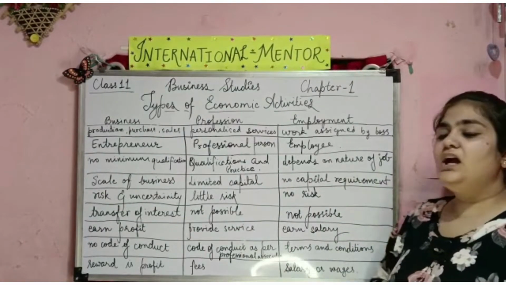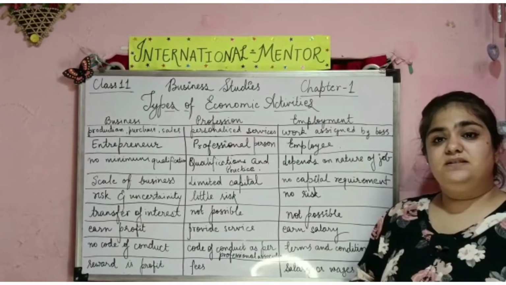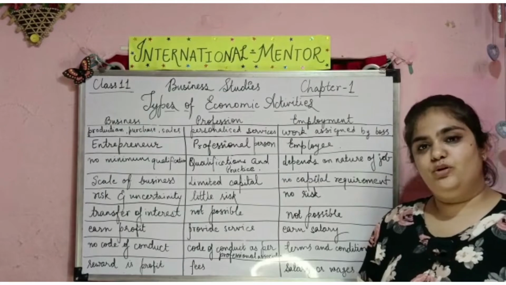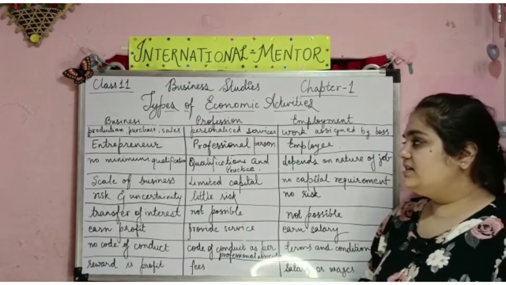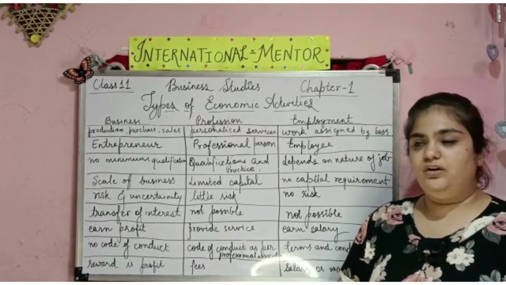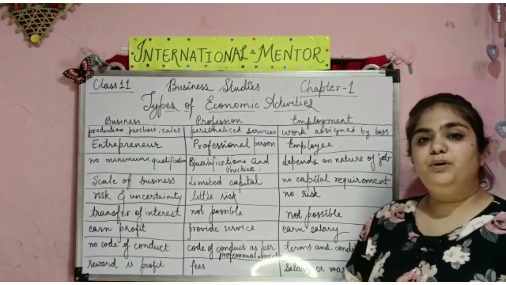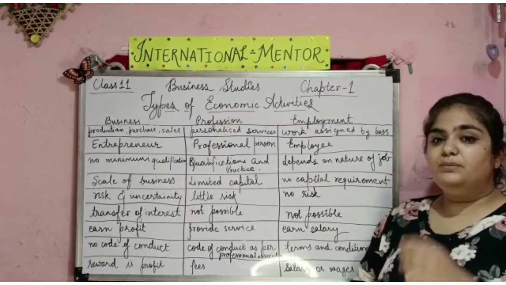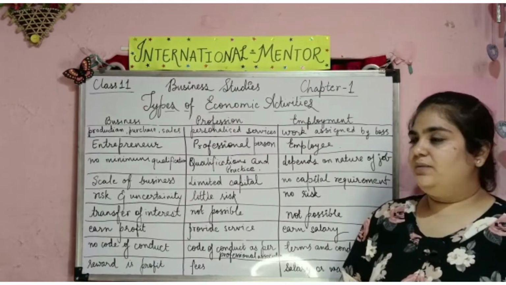In employment, the work is assisted by the boss and the employee works for the boss. In business, the person who is working is known as an entrepreneur. In profession, the person is known as a professional. In employment, the person is known as an employee.